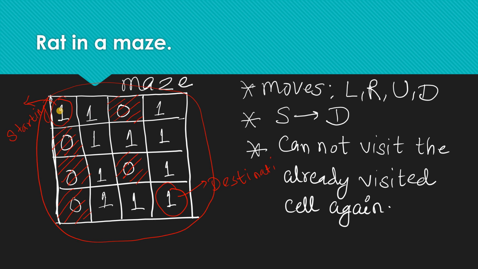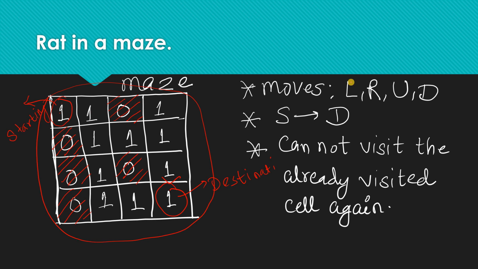You have to find a way to reach from start to the destination. If you see in this problem, you have this way to reach your destination, and we also have this way to reach our destination. What are the constraints of the problem?